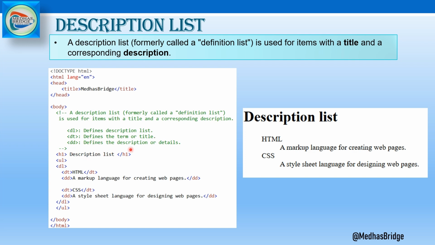DD means the description or the details. You put a DT, and this is how it appears. Get it? This is how a description list can be used to display titles and corresponding descriptions on a web page.